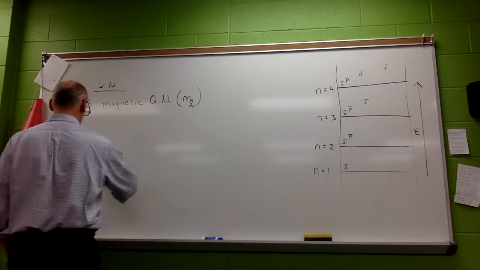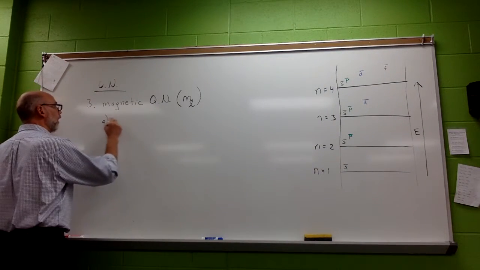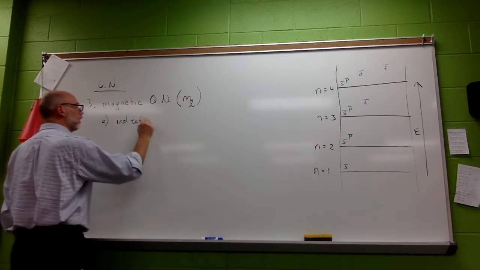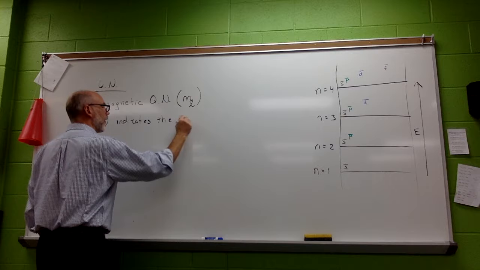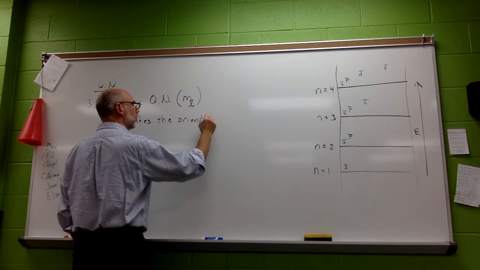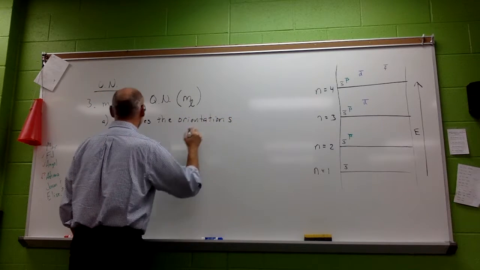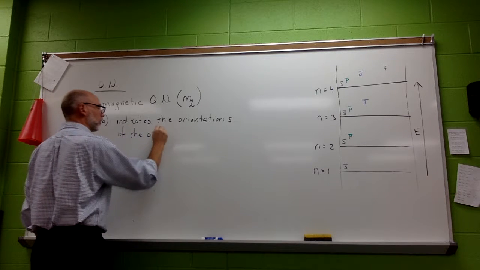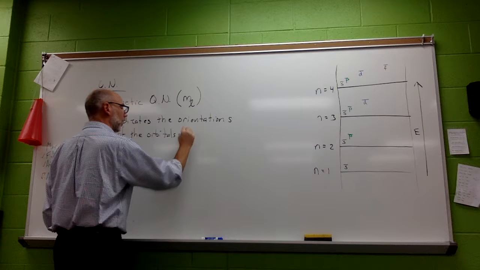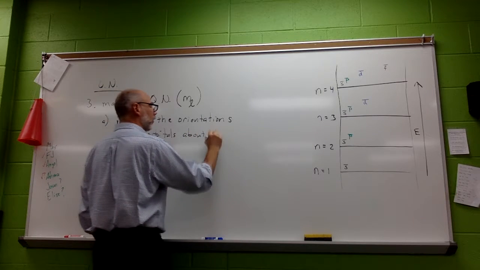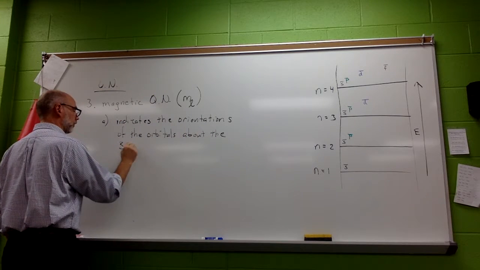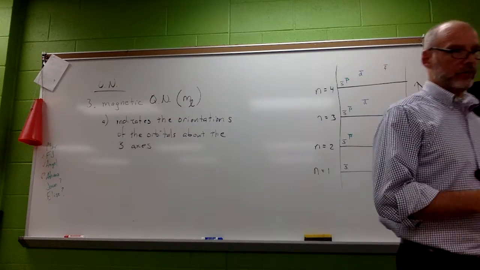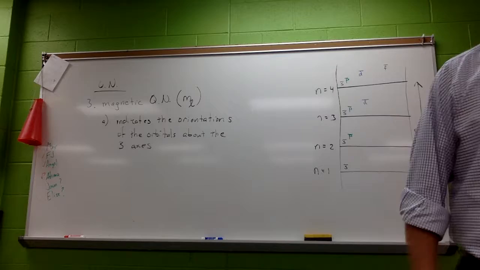And the magnetic quantum number indicates the orientation of the orbitals about the 3 axes. Of course, you guys already know the 3 axes that are X, Y, and Z.